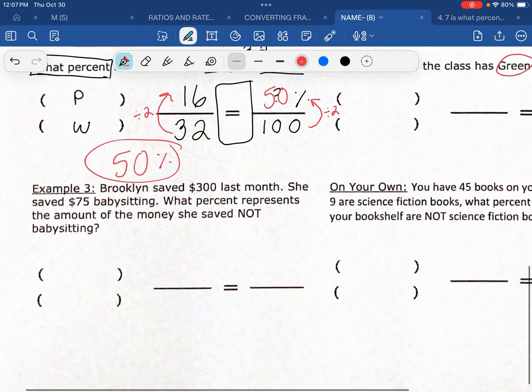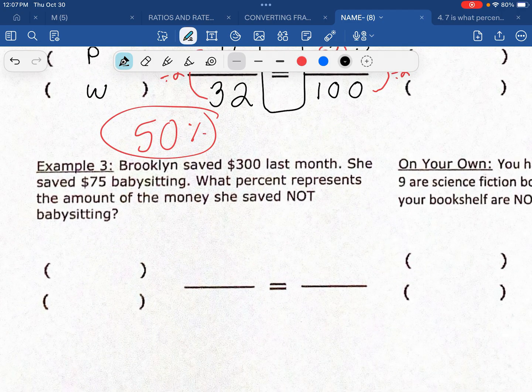All right, example 3 says Brooklyn saved $300 last month. She saved $75 babysitting. What percent represents the amount of money she saved not babysitting? Okay, so I know this is a percent problem, so I'm going to have to do part over whole equals percent over 100.